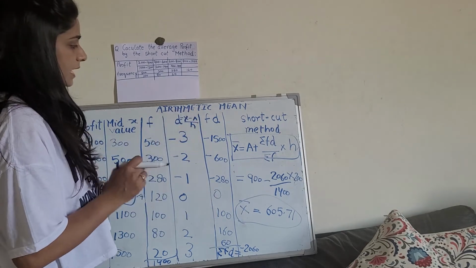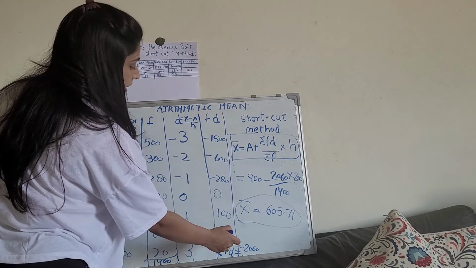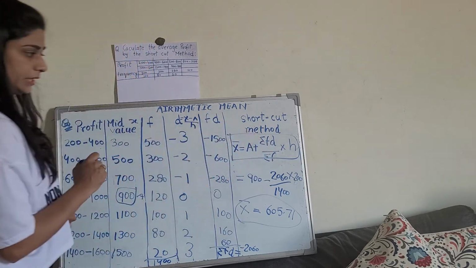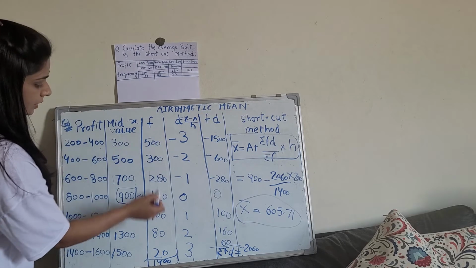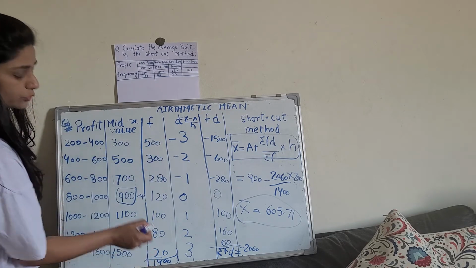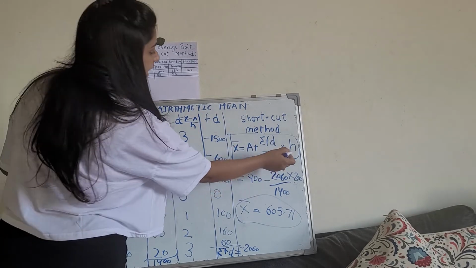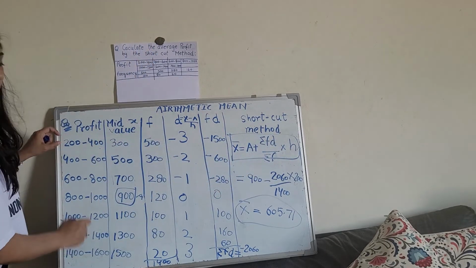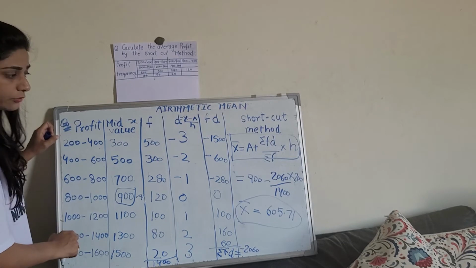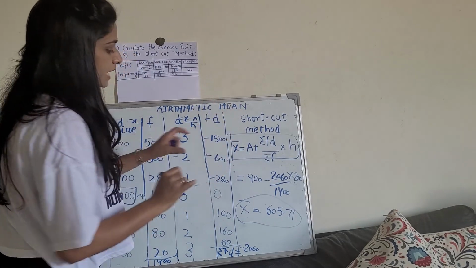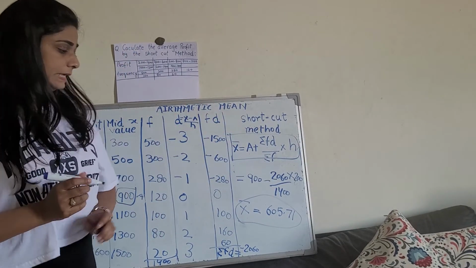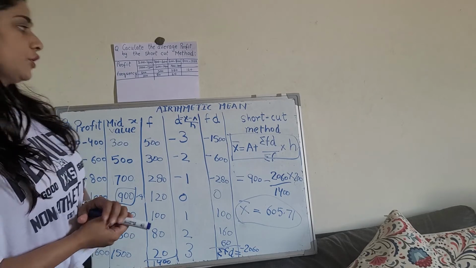Next column is fd, and then we add all these fd values to find sigma fd. We add all these frequencies to find sigma f. A we have 900, and h is the size of the class intervals. Now we put the values and find our arithmetic mean by the shortcut method.